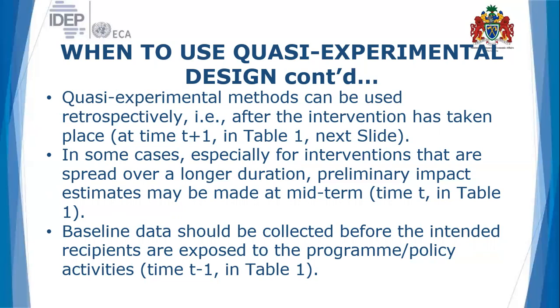Lastly, baseline data should be collected before the intended recipients are exposed to the program or policy activities. That is at t-1. That is a time before program implementation starts. So the baseline data will establish the situation, the condition before the program activities start to be implemented.